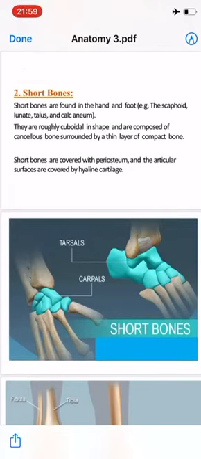Regarding the short bones, العظام القصيرة are found in the hand and foot, هي موجودة في القدم واليد. The scaphoid, lunate and calcaneum هي عظام صغيرة موجودة في القدم. They are roughly cuboidal in shape, ميزتها تكون مربعة, and are composed of cancellous bone surrounded by a thin layer of compact bone. الجزء الرئيسي المكون لها ويكون اسفنجي وتحيطها طبقة رقيقة من الكومباكت بون.